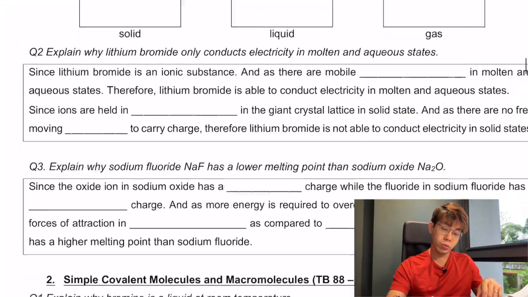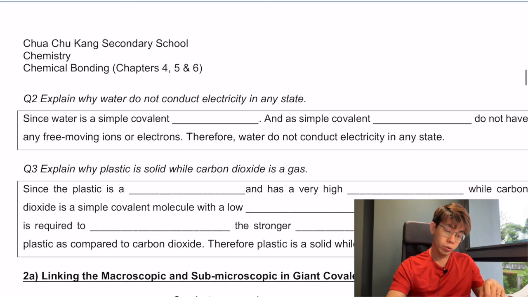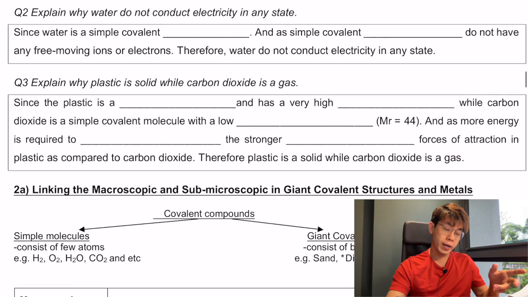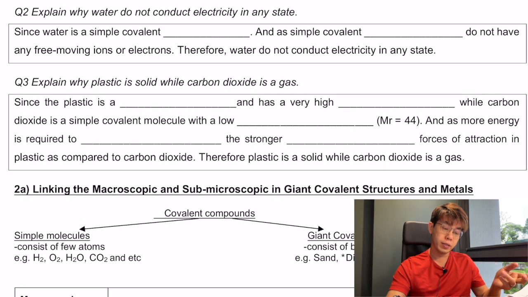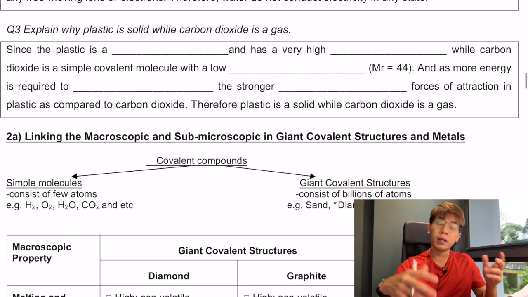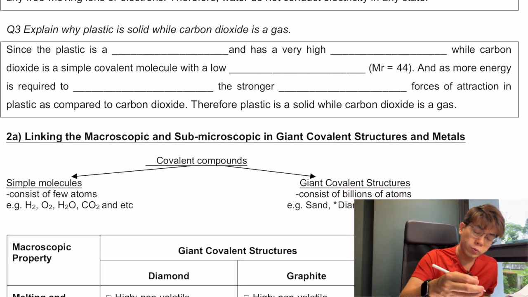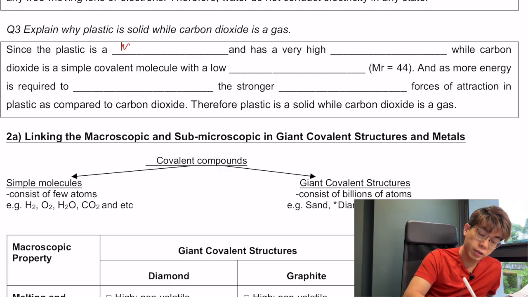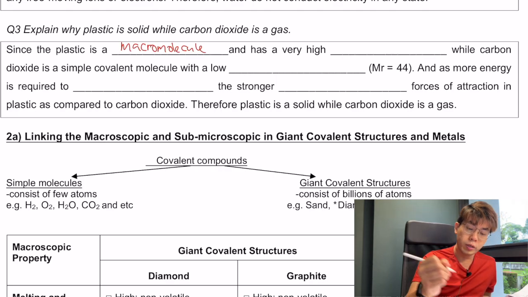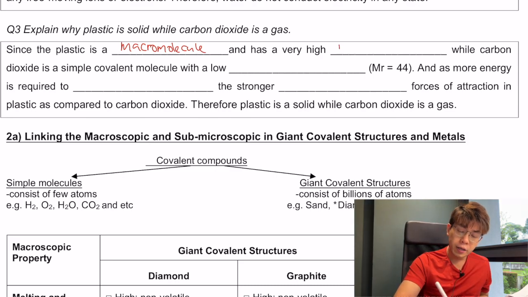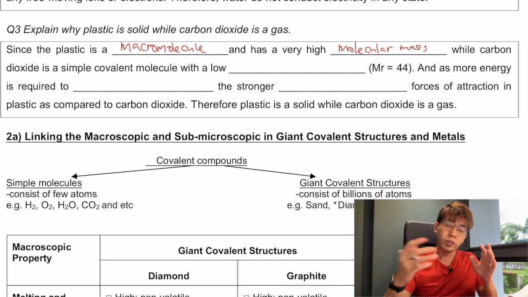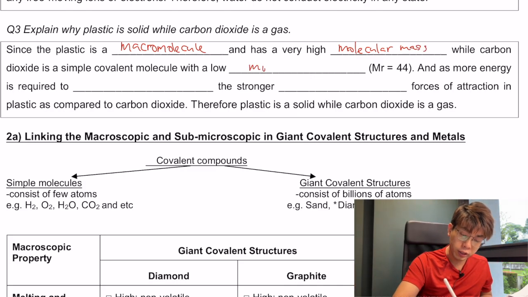All right, so let's take a look at how we can write a certain explanation. So let's explain why plastic is a solid while carbon dioxide is a gas. So we can say that since plastic is a macromolecule, a very big molecule, and has a very high molecular mass, while carbon dioxide is a simple covalent molecule with a low molecular mass.